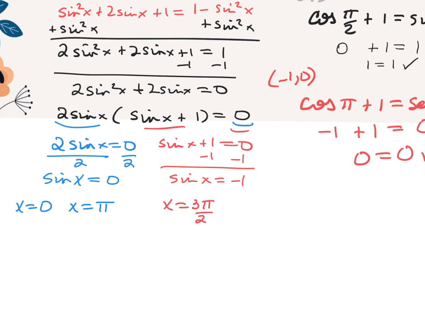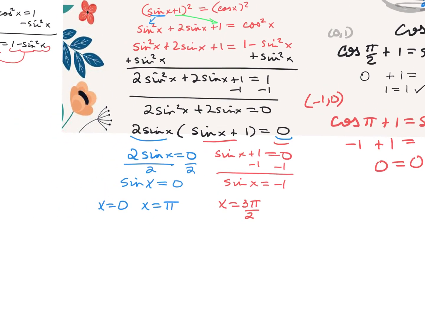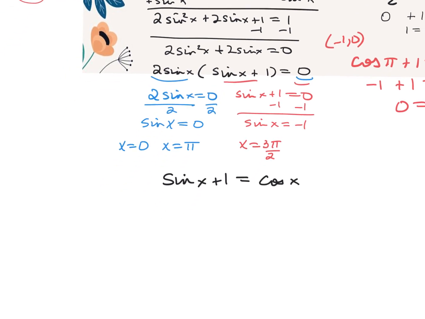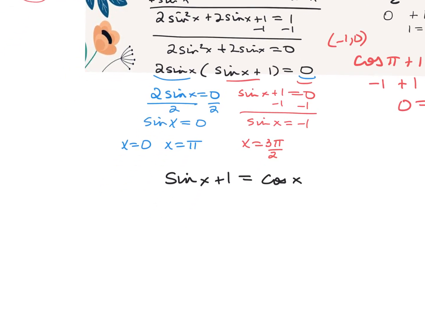Because I use the technique of squaring both sides, I need to check for extraneous solutions. I'm going to take my original problem. My original problem is sine x plus 1 equals cosine x. So let's plug in 0 first. So sine of 0 plus 1 equals cosine 0.